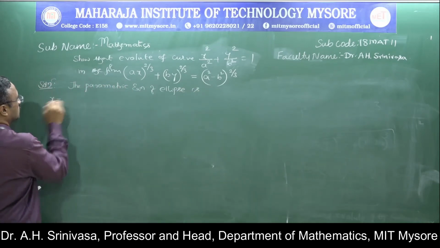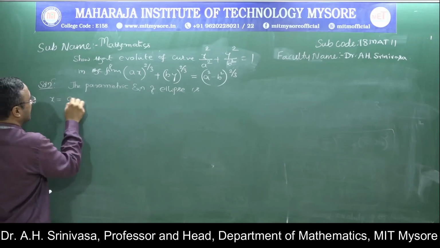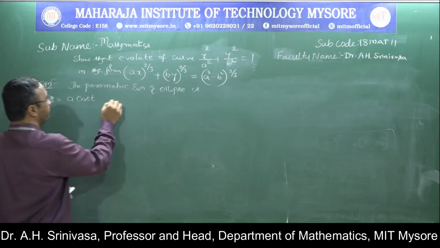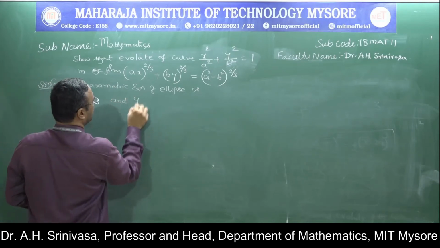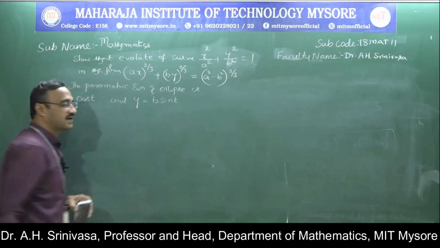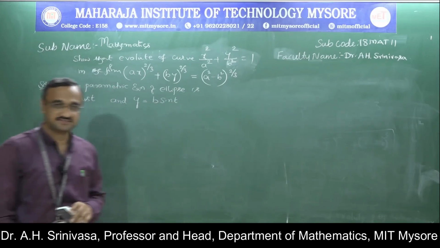It is x equal to a cos t and y equal to b sin t. So this is the parametric equation for x and y.